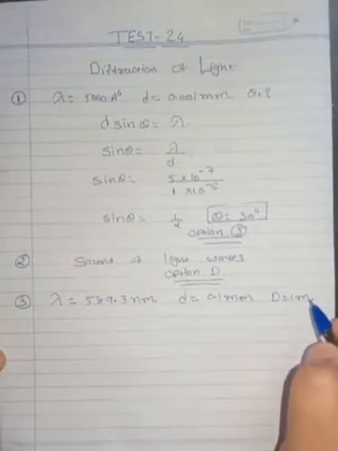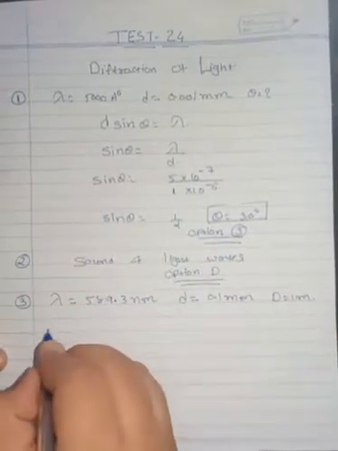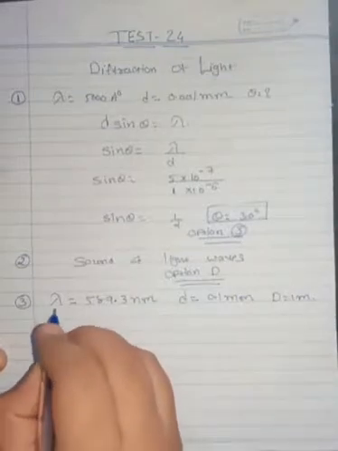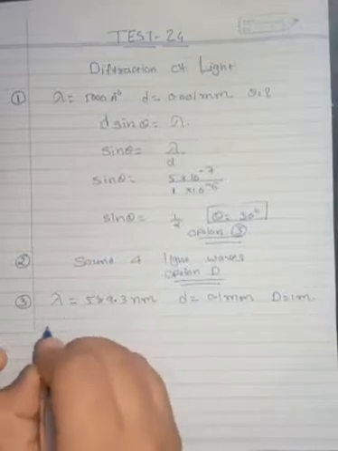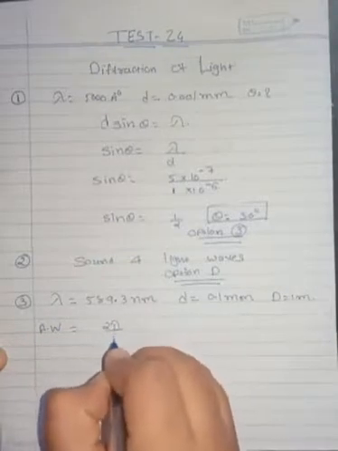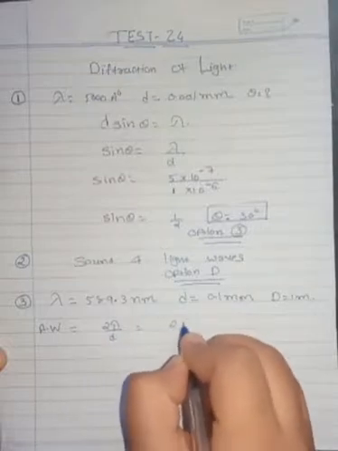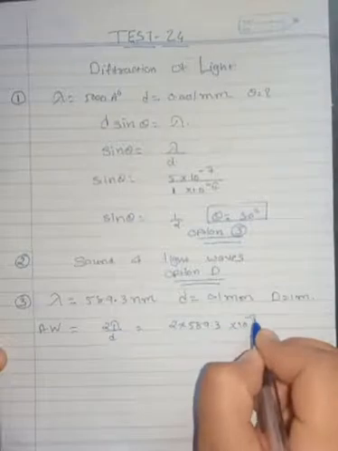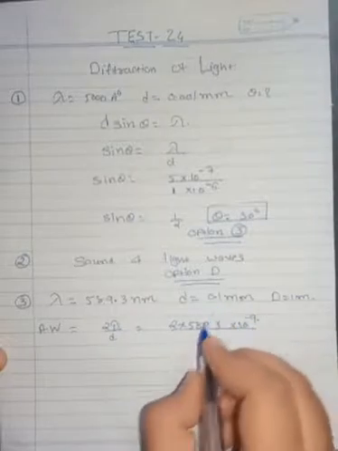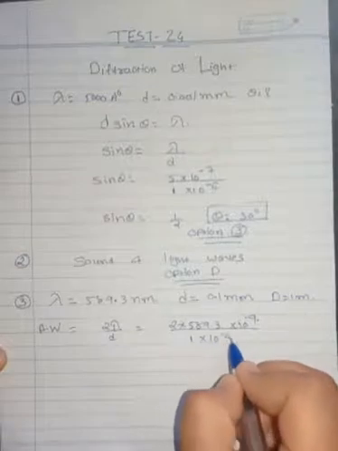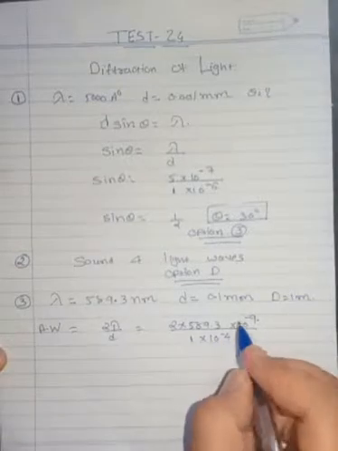We want to find the angular width of central maximum, that is given by 2 lambda by d, that is equals to 2 into 589.3 into 10 power minus 9 divided by d is 0.1 mm, that will be equal to 1 into 10 power minus 4 meter.